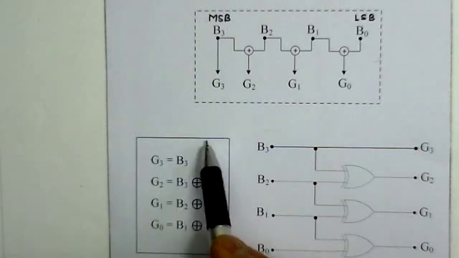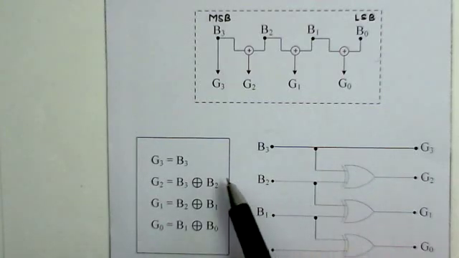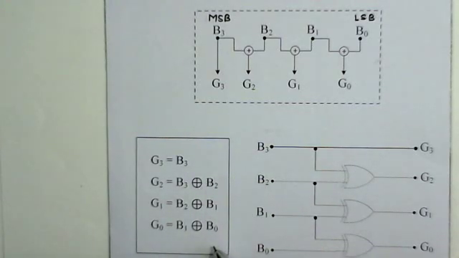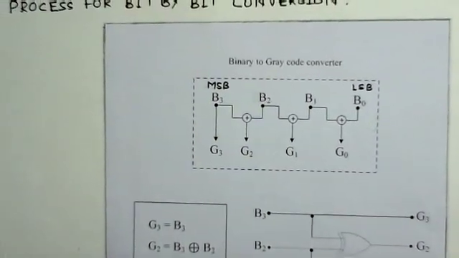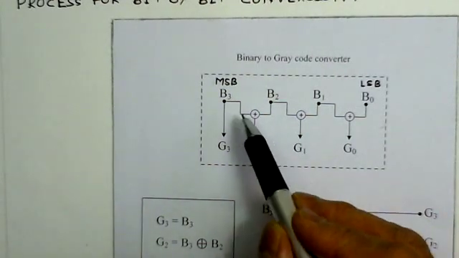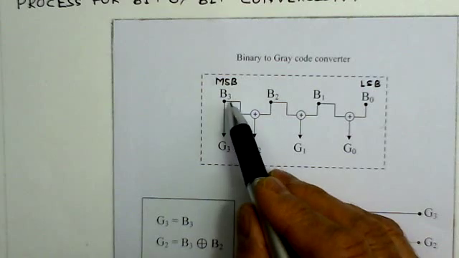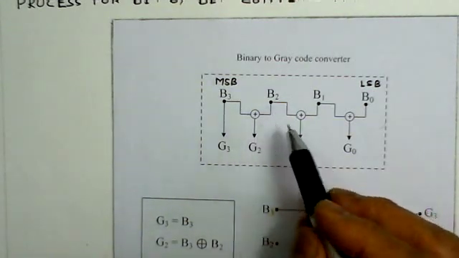These diagrams correspond to the Boolean equation for this code converter, and this is the logical implementation using 3 XOR gates. This circuit indicates how you can convert from one particular code to the other bit by bit.